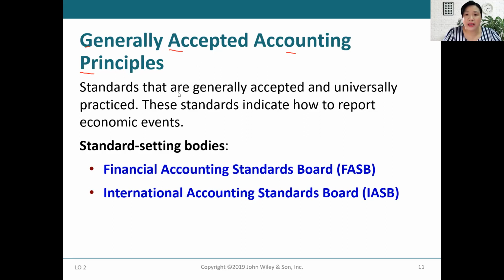They are the standards that are generally accepted and universally practiced. These standards indicate how to report economic events. So who is setting this standard? We have the FASB, or we call it the Financial Accounting Standards Board.